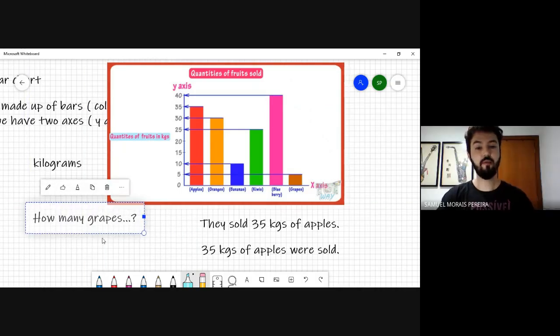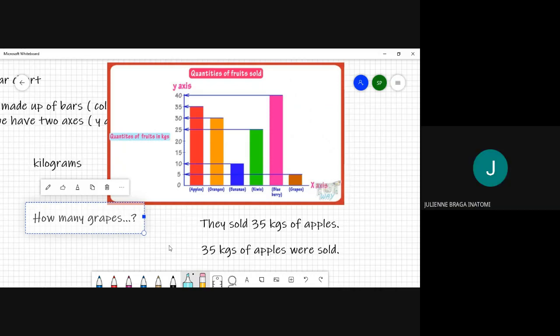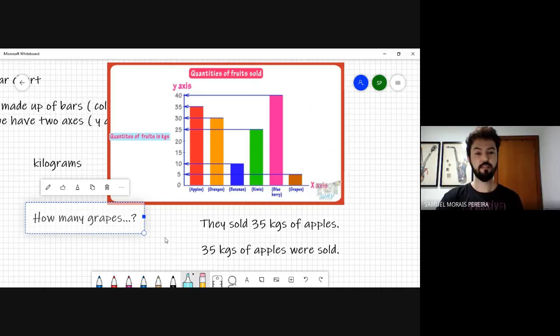Perfect. And can you tell me about the quantity of oranges they sold? How many oranges did they sell? 30 kilograms of oranges were sold. Very much.